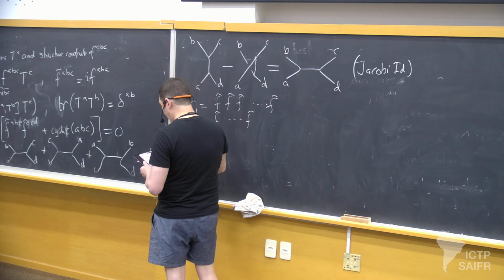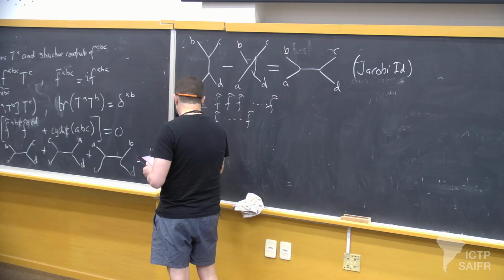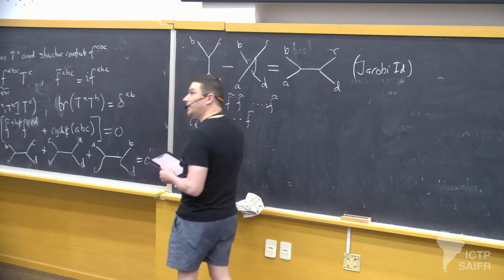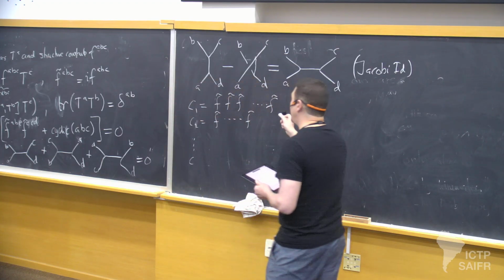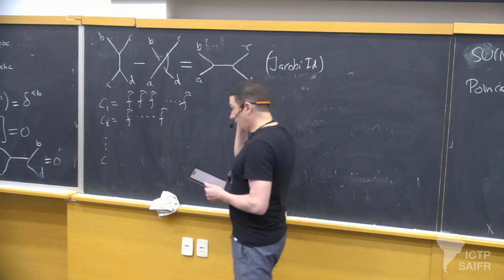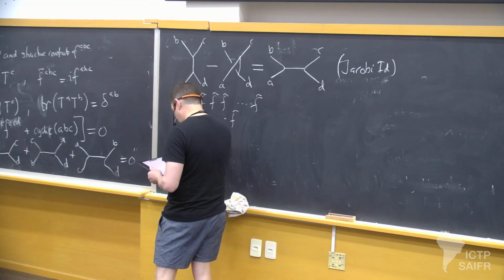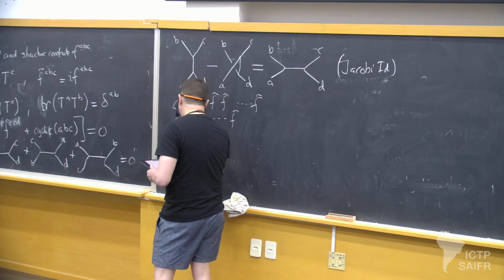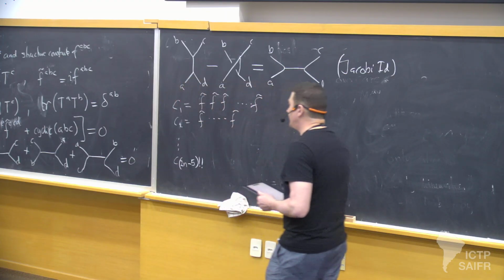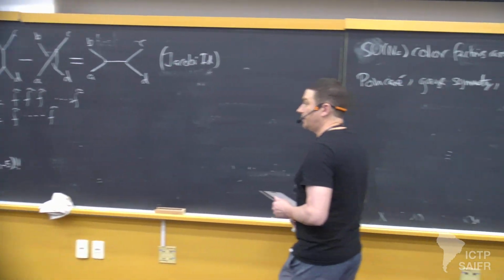And then you have a bunch of color factors. And typically, if you're in the case that you only have adjoint particles and that you're at n points, it turns out that there's a known number of how many color factors you have, and that's (2n minus 5) double factorial. These are basically all the color factors you can construct at n points.